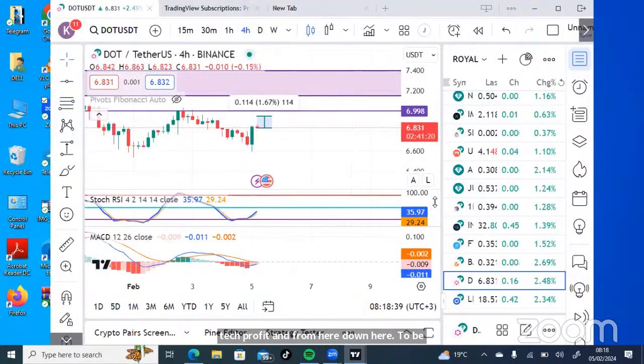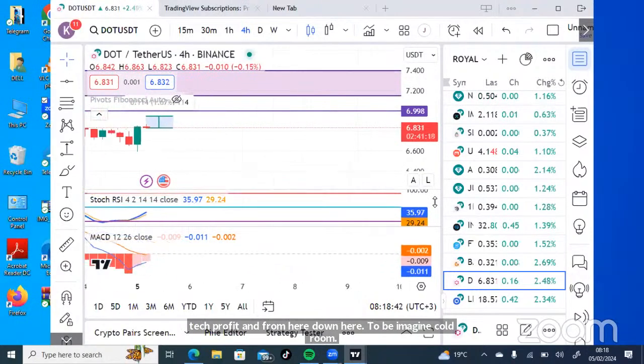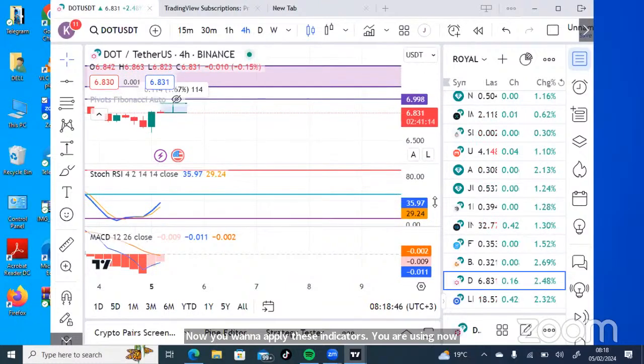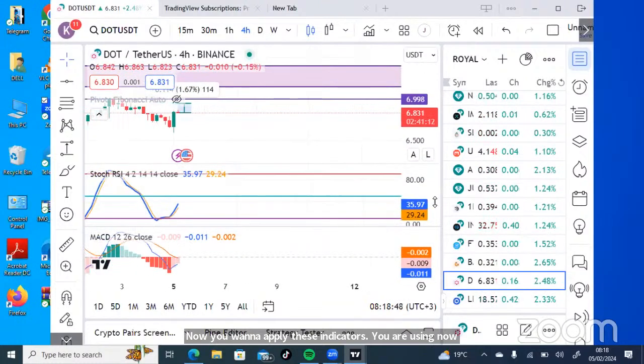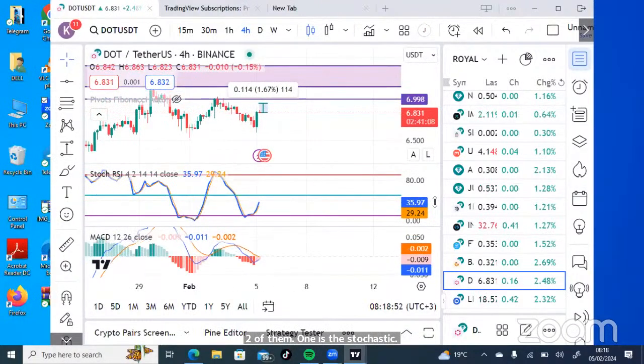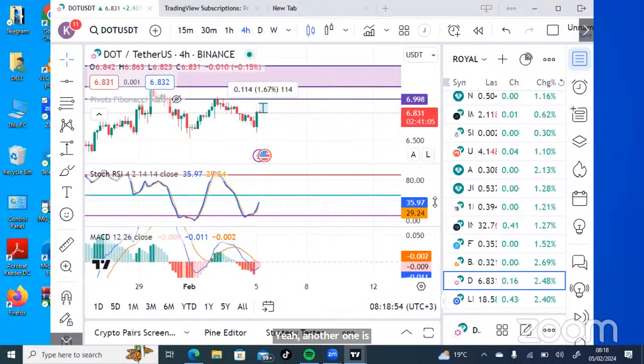now you want to apply these indicators. You are using 2 of them. One is the stochastic RSI, which is very clear. Another one is the MACD that is showing you the ability to cross over.